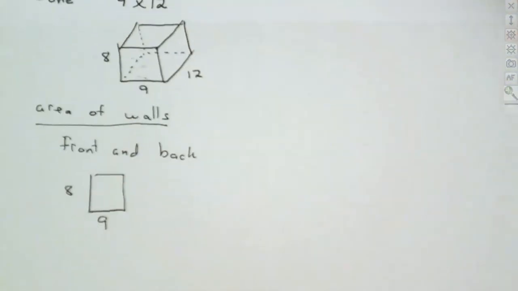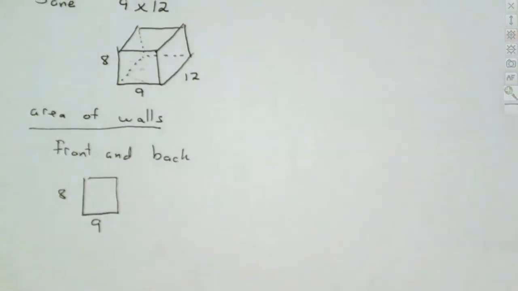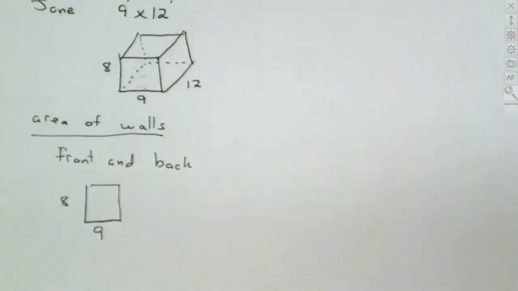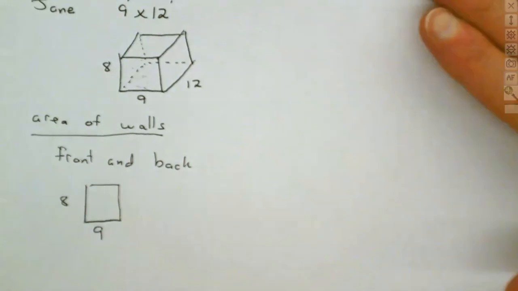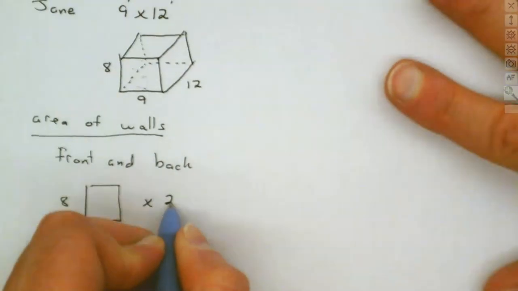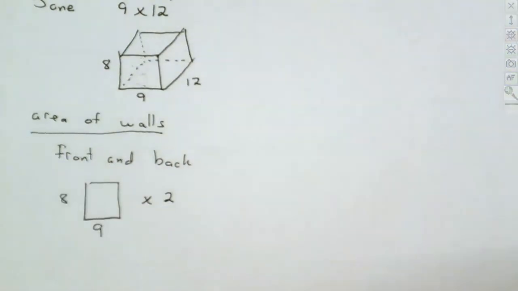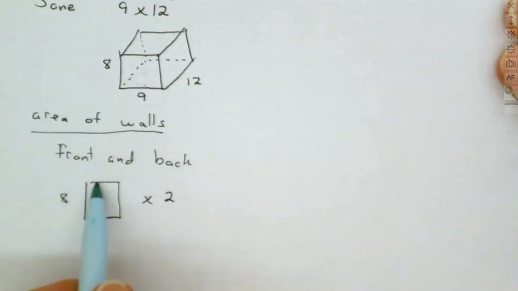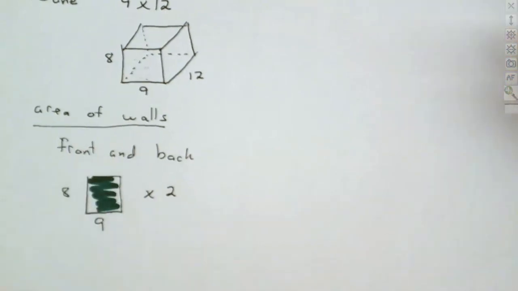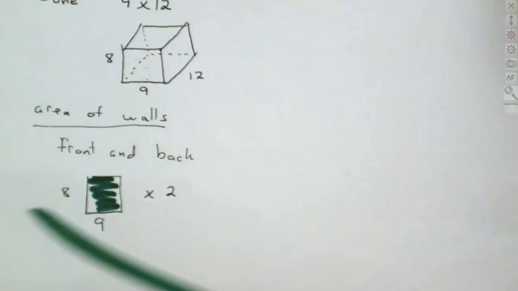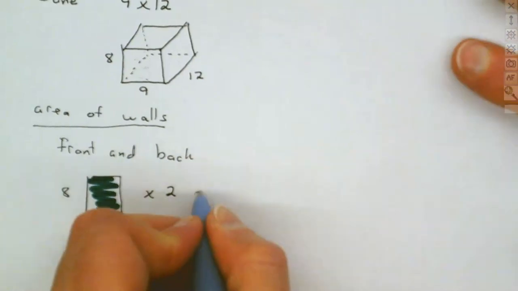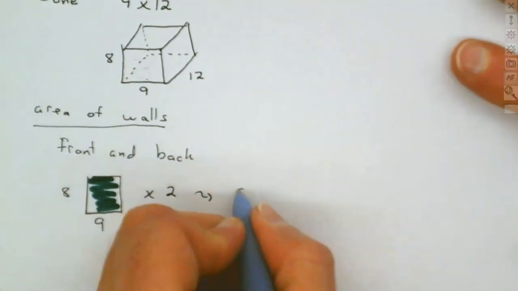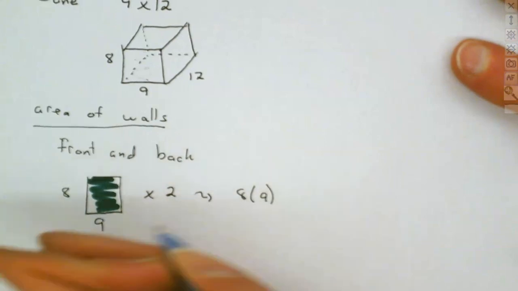Okay, so this is what we've got. We've got our picture for Jane. We've got a front and a back, so we're going to have to do this twice because you have two of them. Now, I want to paint this room. This is an area. I'm going to paint this wall, right? And what would that be? For the front and the back, it's an 8 by 9, right?